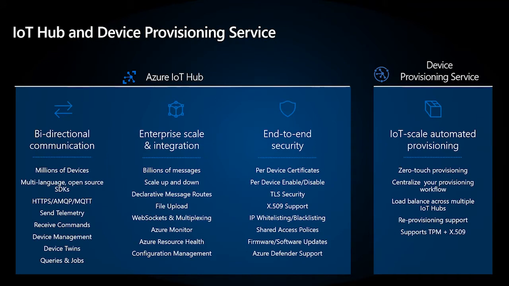You can load balance across multiple IoT hubs, which we'll talk about in a moment. And then you can re-provision. And there's some scenarios where that makes sense where you need to re-provision devices. It supports TPM and X509 certs as well.